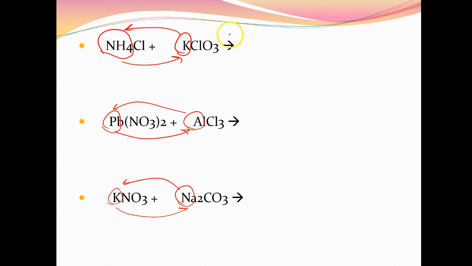Okay, so when I switch the cations, I have K with Cl, and I have that NH4 with ClO3. Okay, drop and swap charges, 1 plus, 1 minus, 1 plus, 1 minus, so it's all good. Now you have to figure out which one of these is a solid. Now according to my, I think it's the 3rd rule, it talks about the halides.